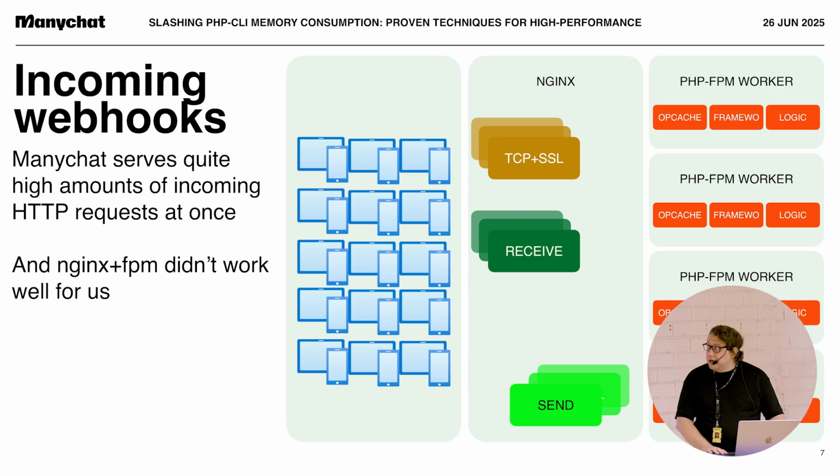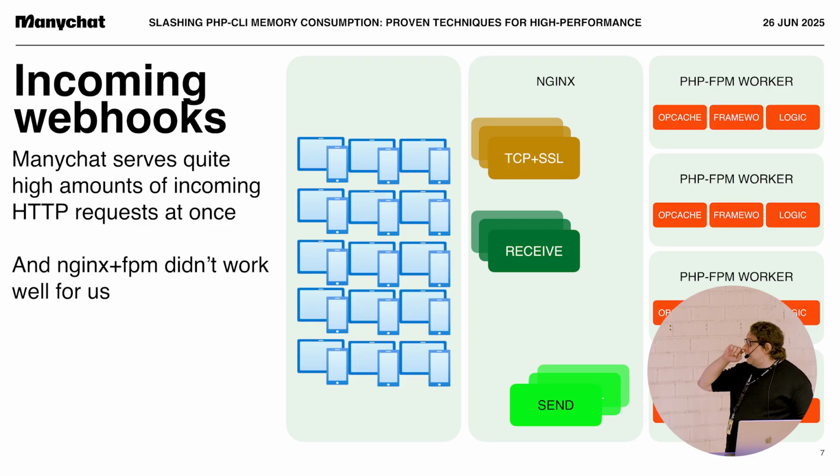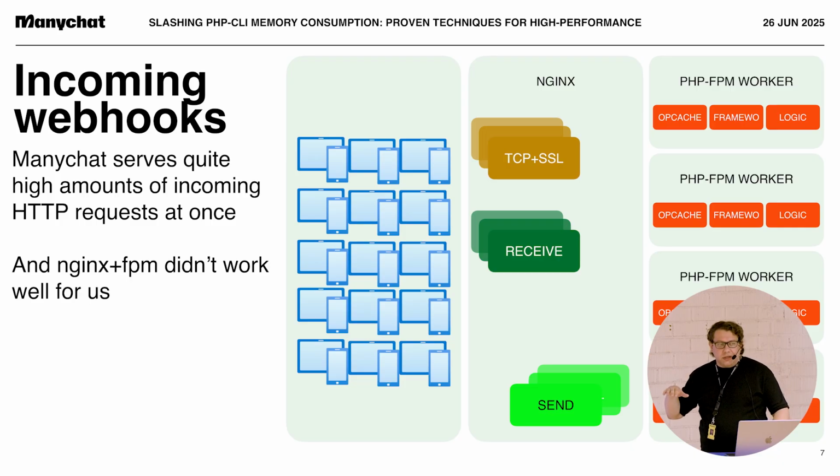And one of the reasons for that is that FPM works per request. So on every request, FPM has to initialize the opcache or take it from memory, initialize the framework, all this autoloading thing, and then it can run the business logic.